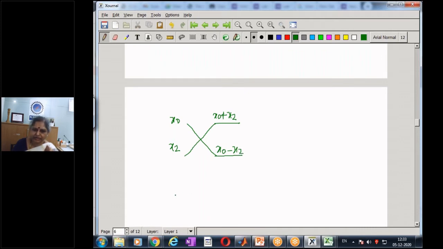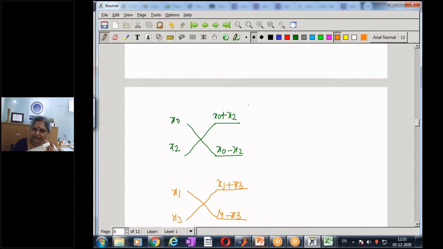Similarly, I take the odd terms and have x1 and x3, and this is going to be x1 plus x3, and this is my 2-point DFT. This is x1 minus x3.